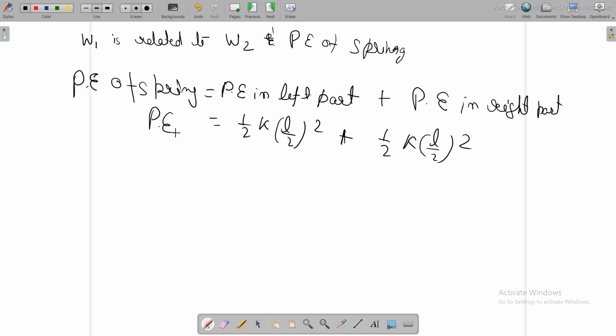Therefore the net potential energy will be 1 by 4 K L square. This is the fourth equation.